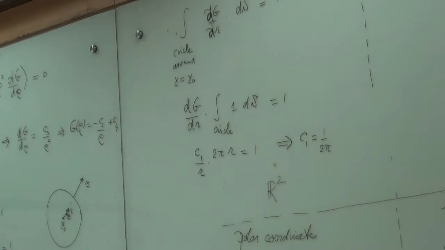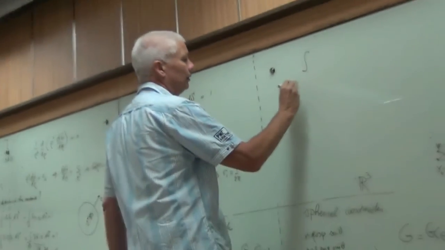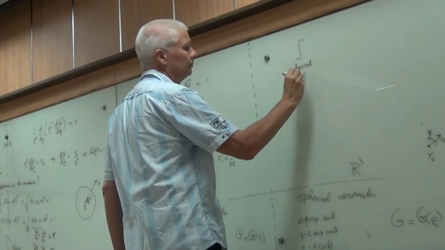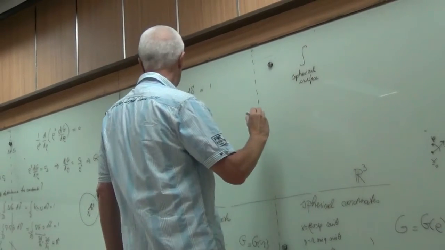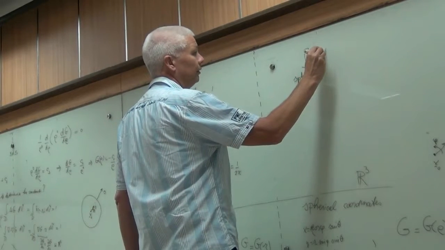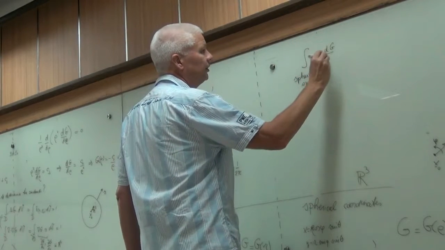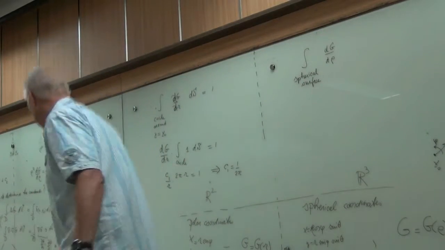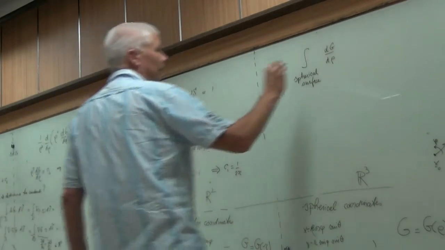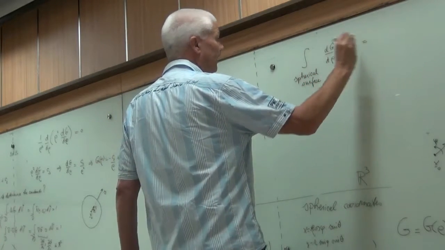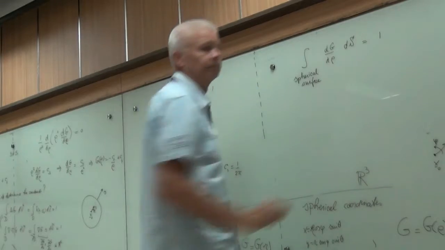I can do the same thing in R3, but now I have a spherical surface. And I will have dG/dρ ds, and that should be equal to 1.